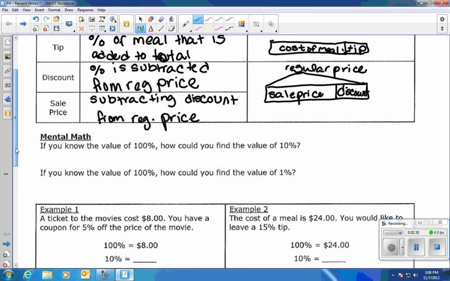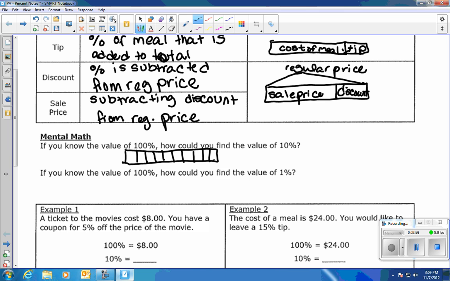So the next part says, if you know the value of 100%, how could you find the value of 10%? Well, 100%, if you remember your strip diagrams from earlier today, is made up of little percentages. So if we're talking about tens, this would be 10, 20, 30, 40, 50, 60, 70, 80, 90, and 100%.